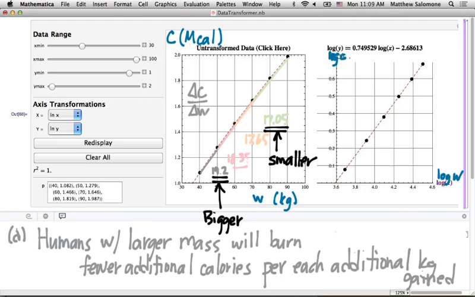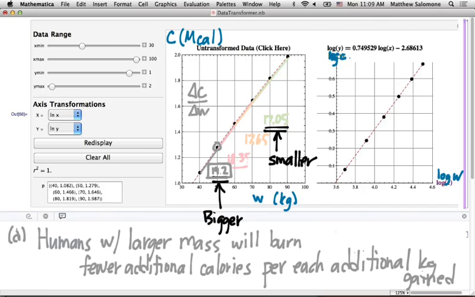So if I'm an elite gymnast or something, which I'm definitely not, but if I were an elite gymnast and I had a mass of 50 kilograms or something like that, that's probably large for an elite gymnast. But if I'm really, really small and I gain 1 kilogram, then my metabolism is going to go up by a fairly large amount. Right?